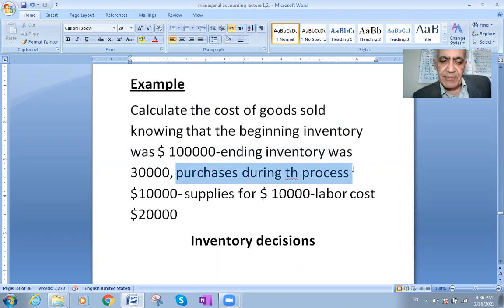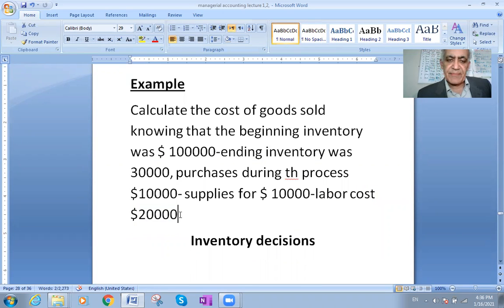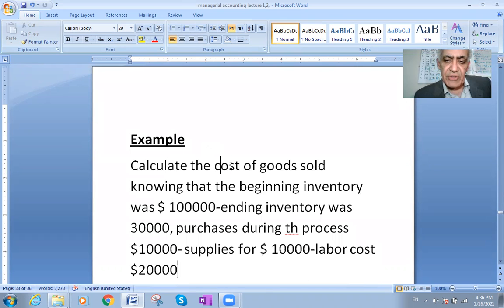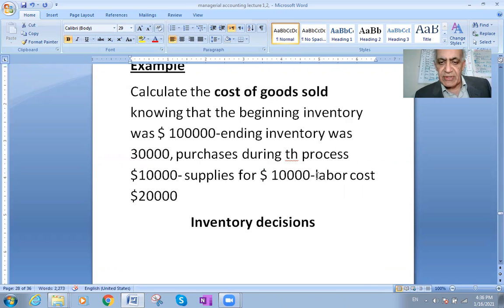Purchasing during the process was 10,000. Supplies were 10,000. Labor costs were 20,000. What I need is just to calculate the cost of goods sold.